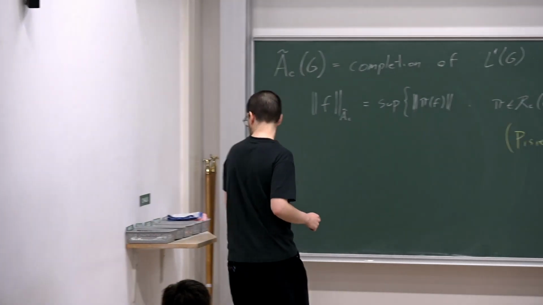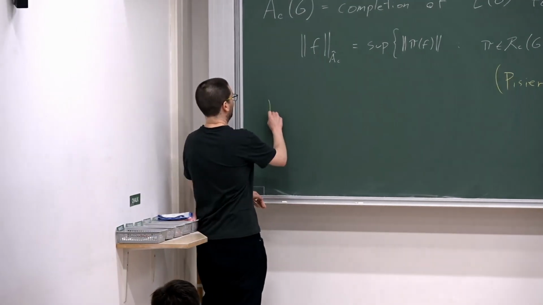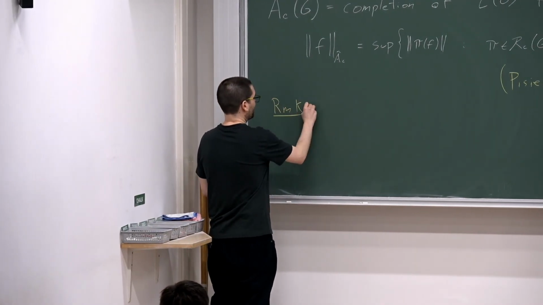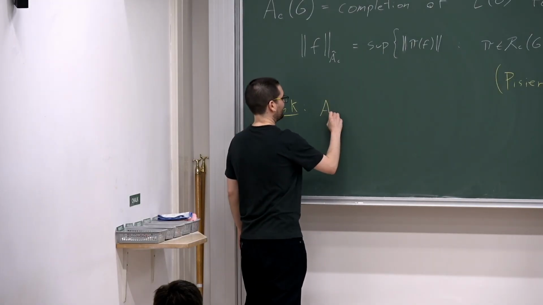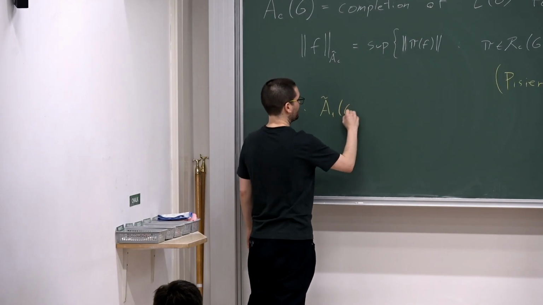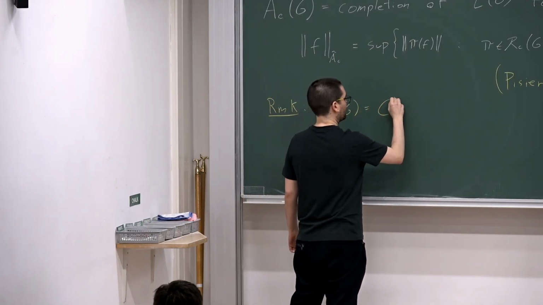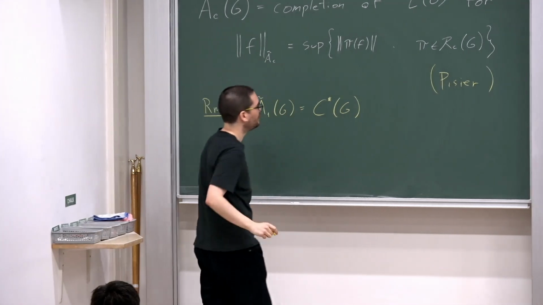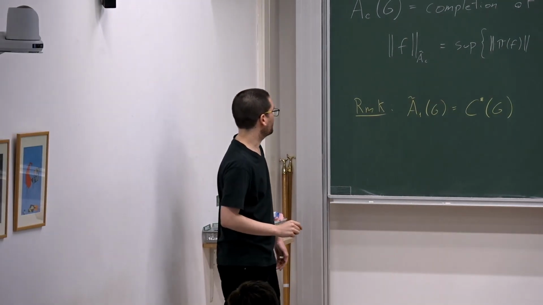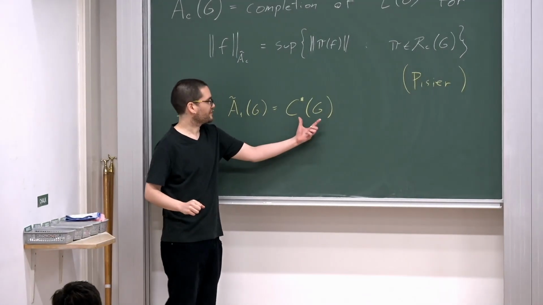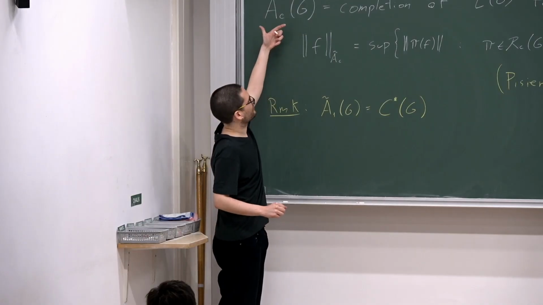Okay, and of course, again, a remark: A1 tilde of G is nothing but the full group C-star algebra of G. And so just like property T can be characterized in terms of Kazhdan projections here, this property TC can be characterized by Kazhdan projections here.